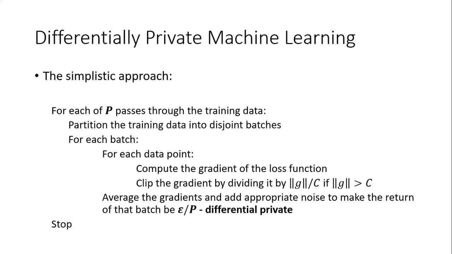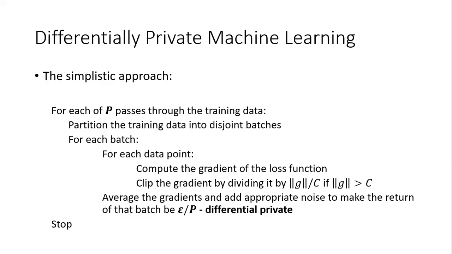That's the key there, which means if the norm of the gradient of the loss function for that one data point is larger than some constant c, and you decide what c should be, then you divide it by its own norm over c.